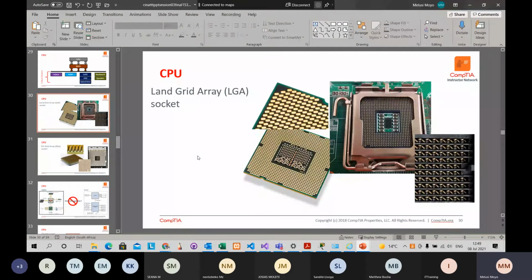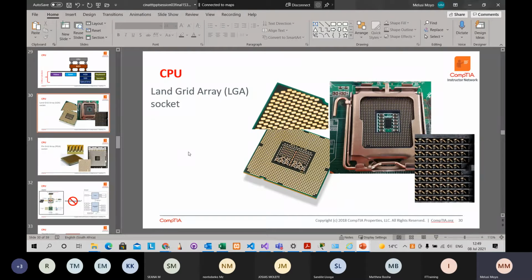So we said we have two, the land grid array and the pin grid array. The other part we broke down is the difference between the socket and the CPU. The socket is the location, the place where you plug in your CPU, right? And we have two different types of sockets: the land grid array and the pin grid array.